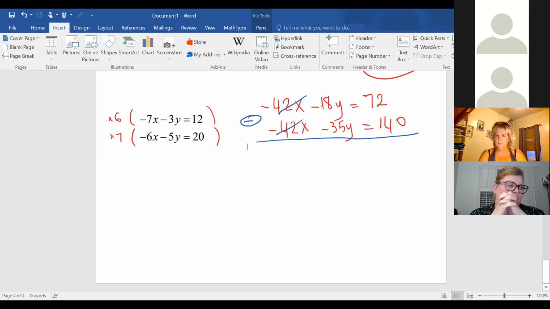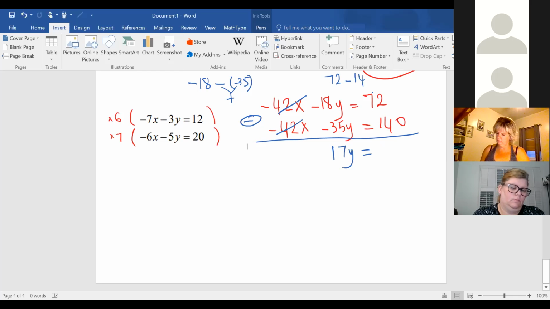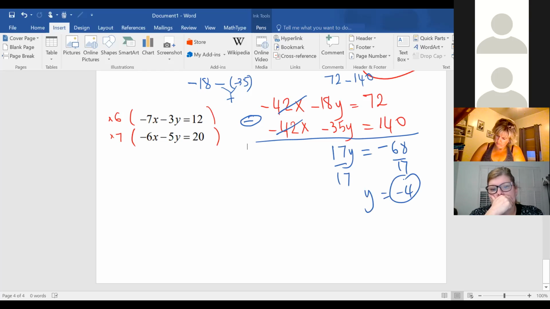Now be careful: negative 18 minus negative 35. The two minuses become a plus, so it's negative 18 plus 35, which is 17y. And here it is 72 minus 140, which is negative 68. In either case, we divide by 17 and get y equal negative 4. Same answer. I just did it the hard way.